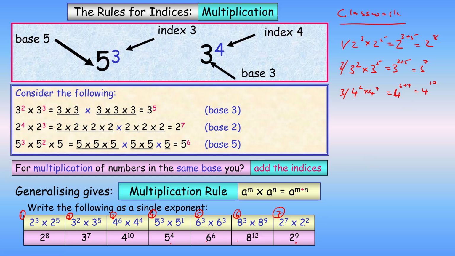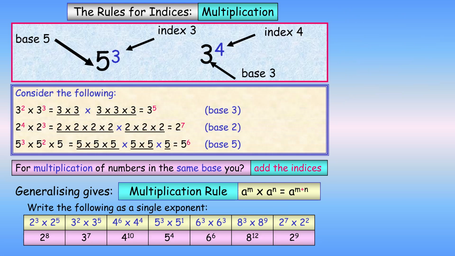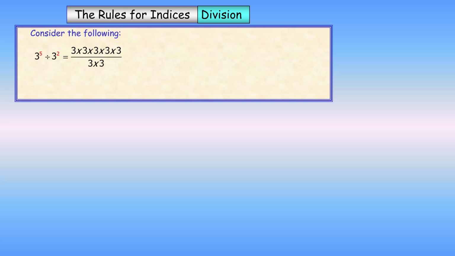And let's have a look at something slightly different then. So, division this time. If we have 3 to the power of 5 divided by 3 to the power of 2, remember when we have divide, we can set that as a fraction.